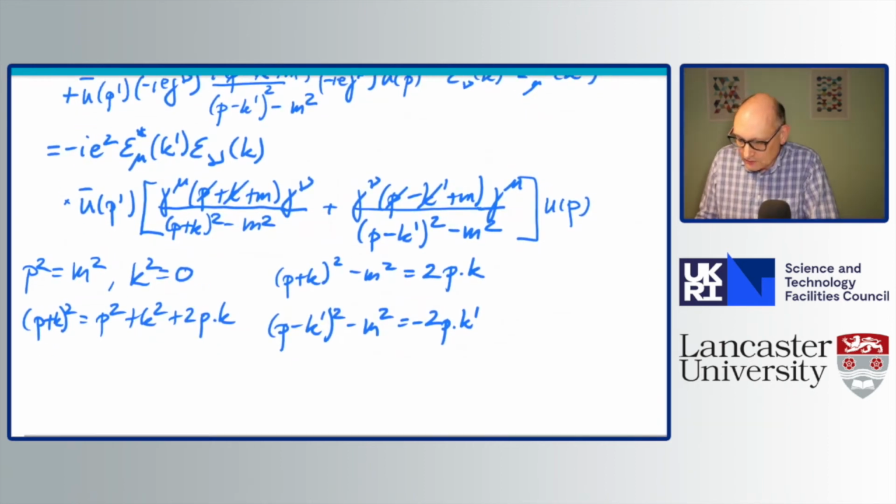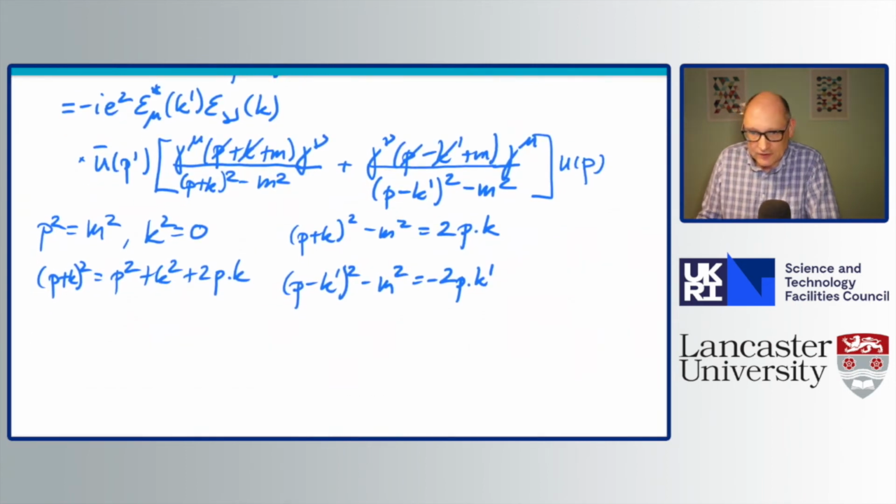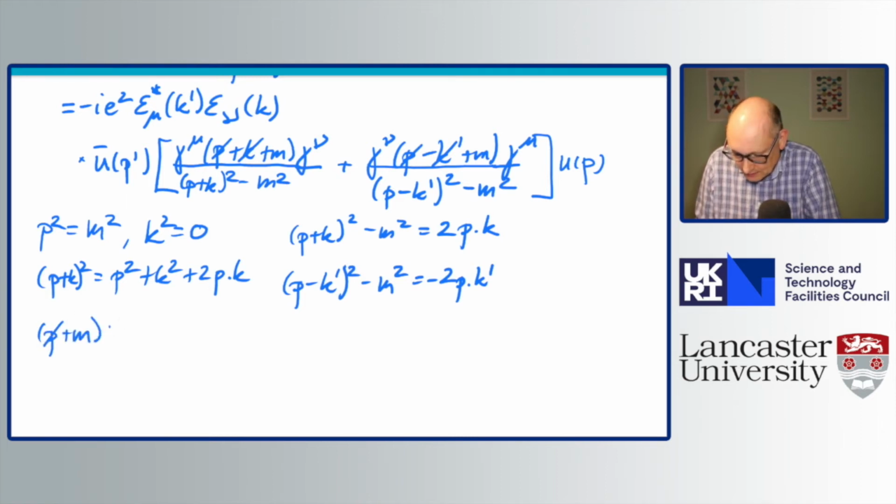Now, to simplify the numerators here with the Dirac matrices, we use a bit of the algebra for the Dirac matrices that actually defines them. So we note that (P slash plus M) gamma nu u of P is equal to 2 P nu, because we can write P slash, remembering that P slash is P mu gamma mu.